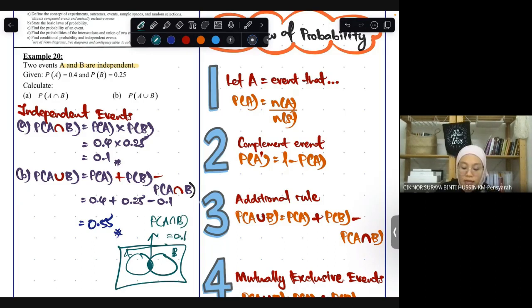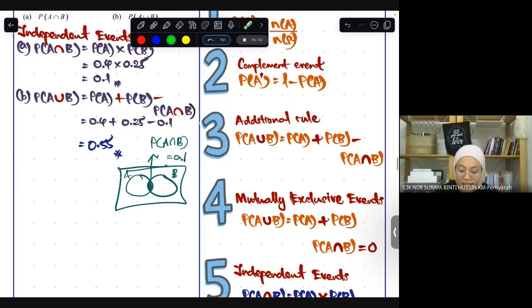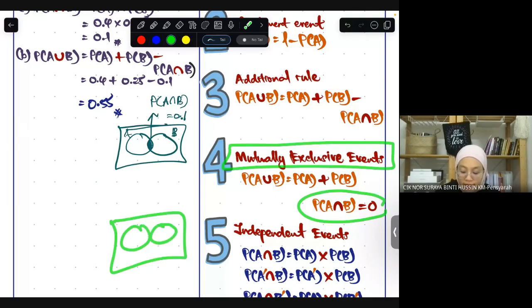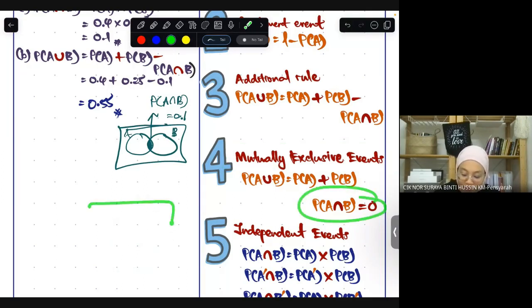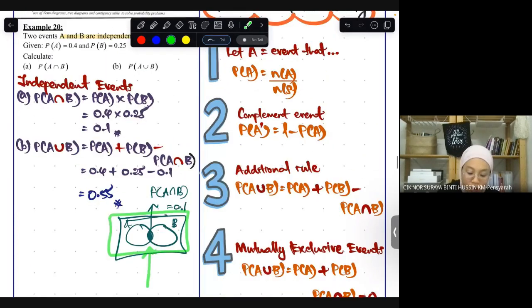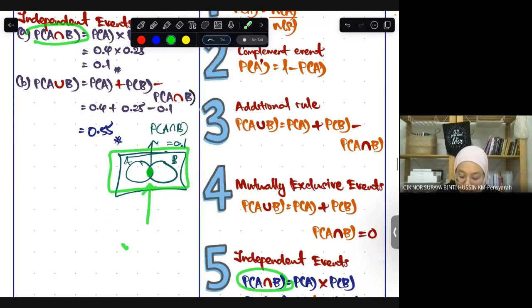So tadi independent event, so again konklusinya mutually exclusive event ni dia tak ada, lukisan dia adalah tidak bersambung, tetapi independent event dia mempunyai intersection point. Itu je lah yang saya boleh bagi tahu, the intersection point is there. The intersection point exists in independent event, okay?